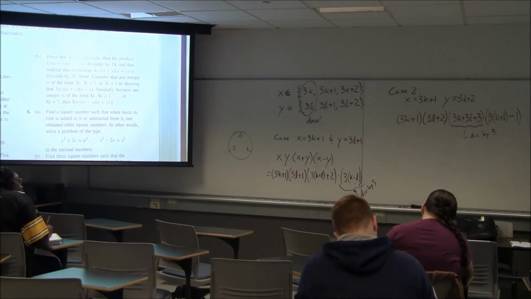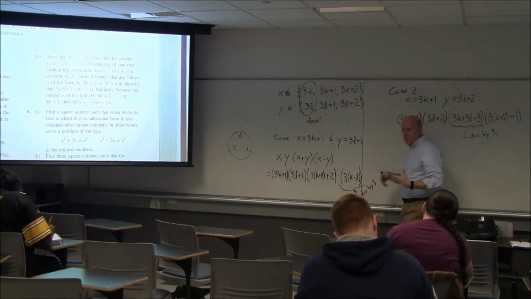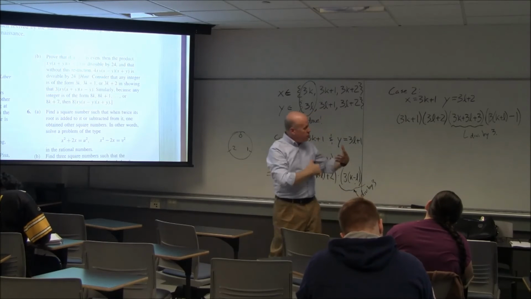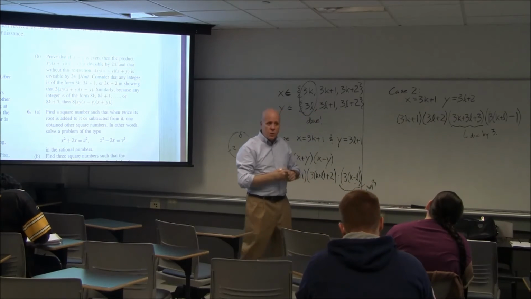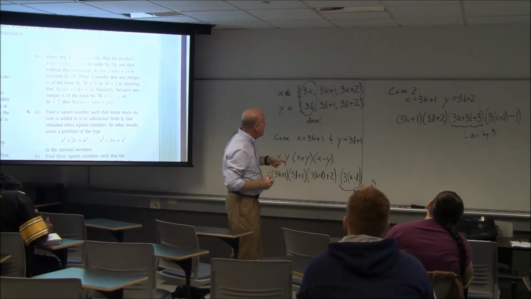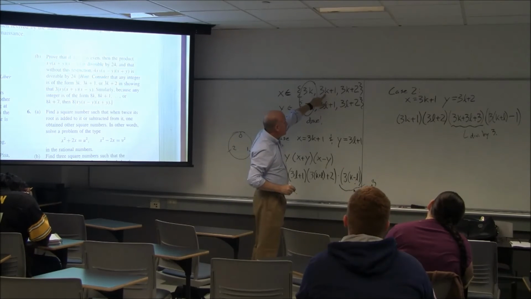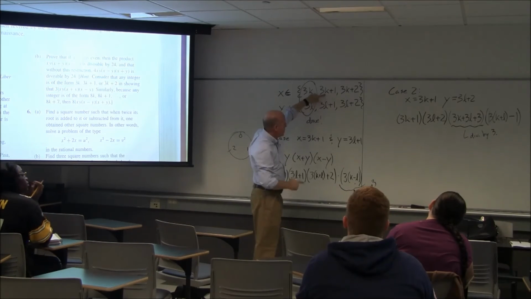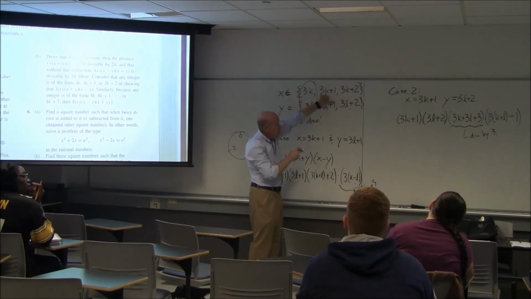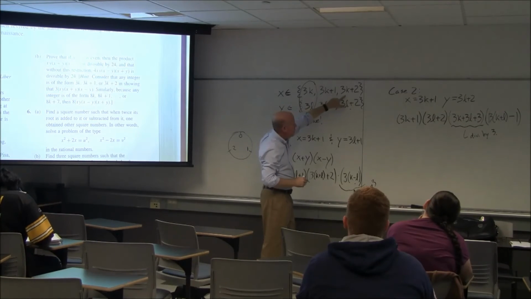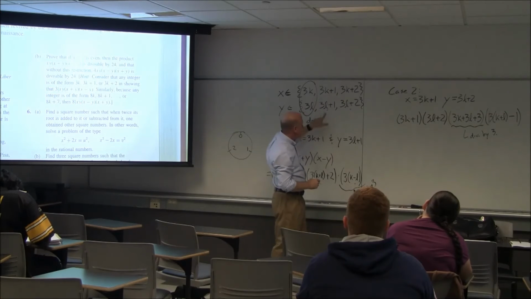So I guess maybe I'll say you should try to do the rest of them. But I'm starting to get to that point I was talking about, where after you do the cases, maybe we should just lay out what the remaining cases are. We dealt with everything that has x equal to 3k plus 1, because y was the other two choices. So we're done with that. Now we need to do 3k plus 2 with each of those.